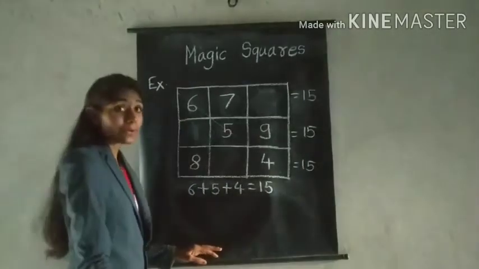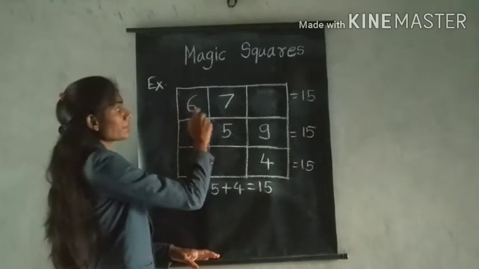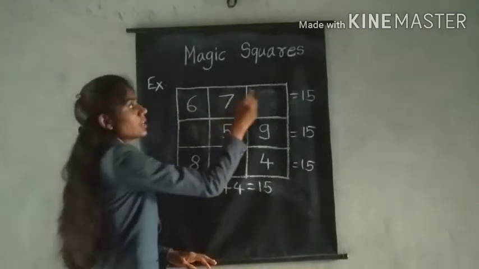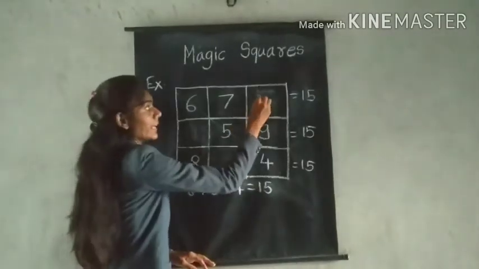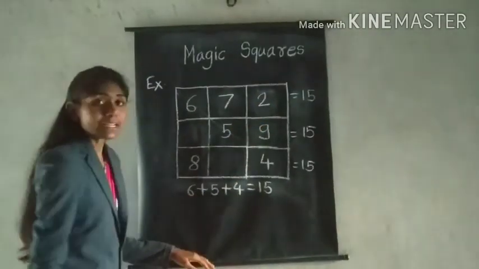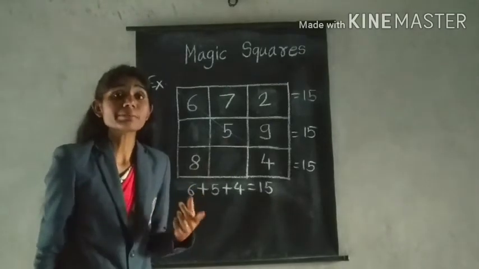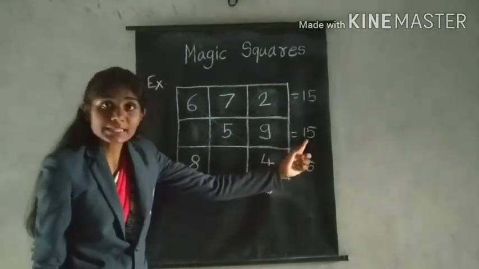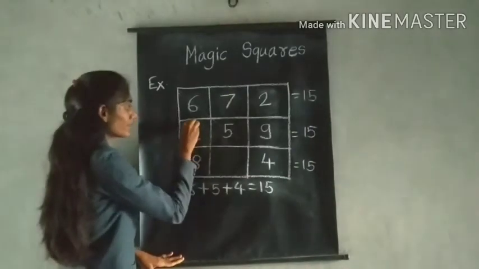As we know here 15 will come as a sum. So 6 plus 7 is 13. Which number do we have to fill to get 15? That is 2. Here also 9 plus 5 is 14. So which number will we add to get 15 as the sum? 1. So here we need to write the 1.